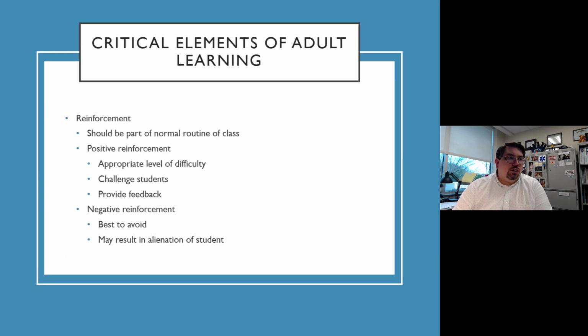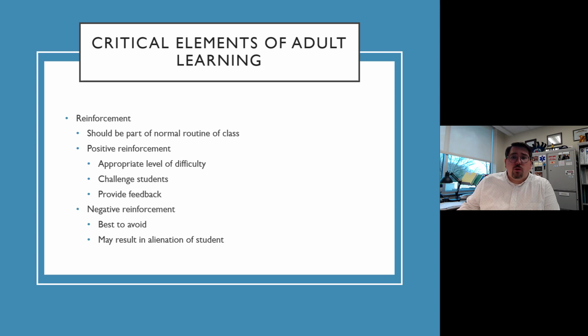When it comes to adult learning, there are some things we have to recognize as a facilitator. The first is going to be reinforcement. Reinforcement should be part of your normal process for teaching, right? You want to try to be as positive as you can, making sure that you put your students through situations that are appropriately difficult, that push them out of their comfort zones, to challenge them, and then provide feedback.